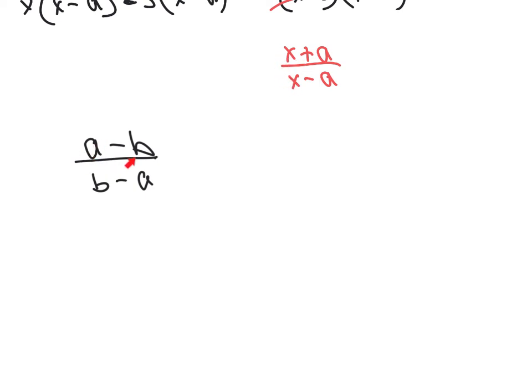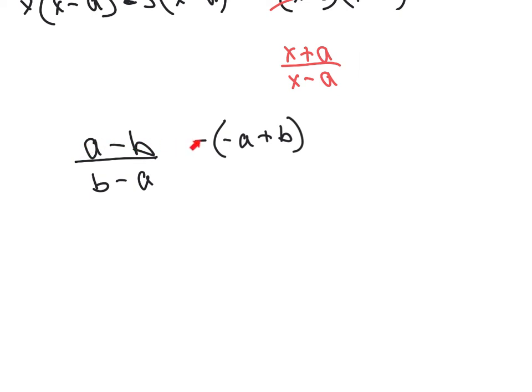So what we can do here is factor out a negative, and that gives me negative a plus b. Whenever you factor a negative out of a polynomial, it changes the sign of everything in the polynomial. So I pulled this negative out, and it made my a negative and my b positive.